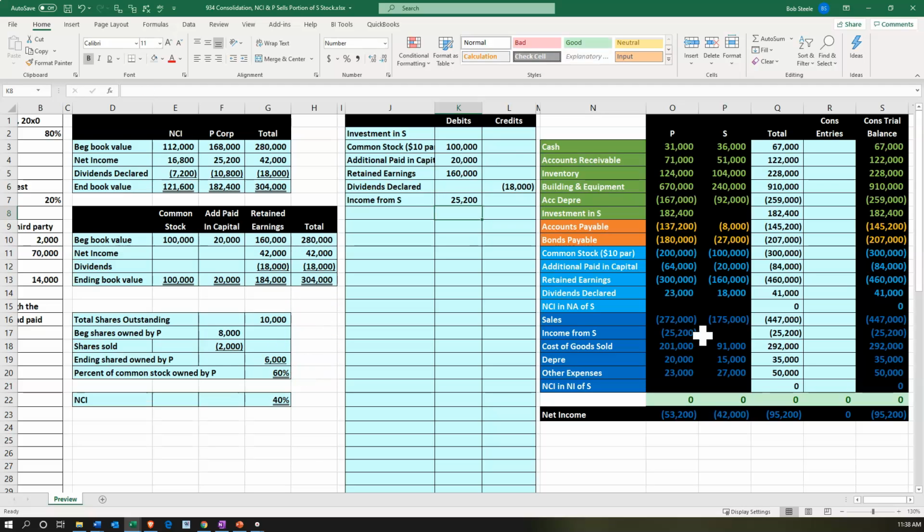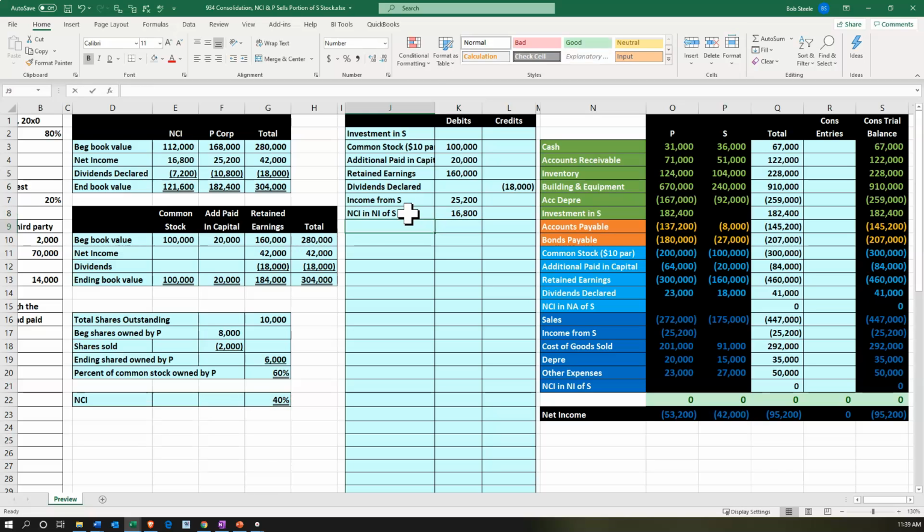There's our 25.2, which can also be found in the table to the left. Then we typically put the other side, the 40% in this case, to the non-controlling interest, which we can calculate as the 42,000, making sure we take our new non-controlling interest percent of the 40%.